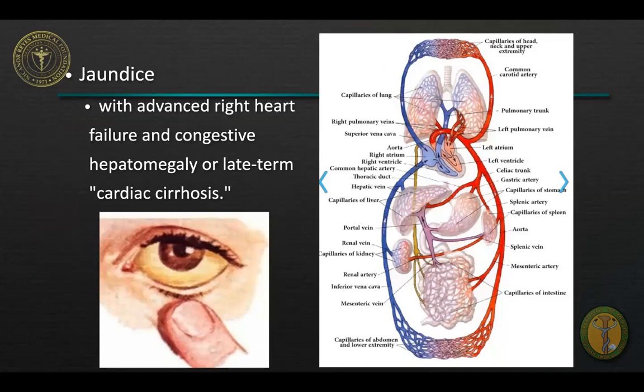Jaundice may be visible first in the sclera, and it has a broad differential diagnosis. However, in the appropriate setting, since we're talking about cardiovascular disease, it can be consistent with advanced right-sided heart failure and congestive hepatomegaly or late-stage cardiac cirrhosis.